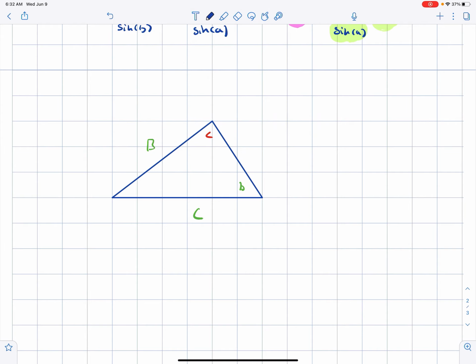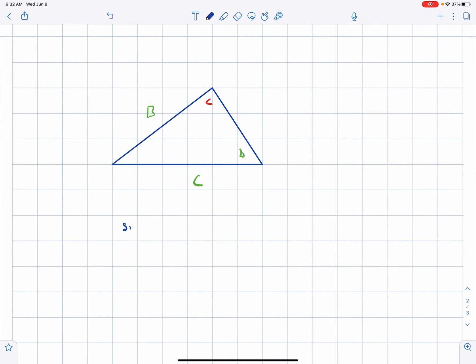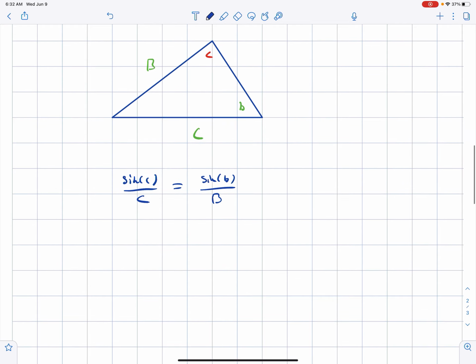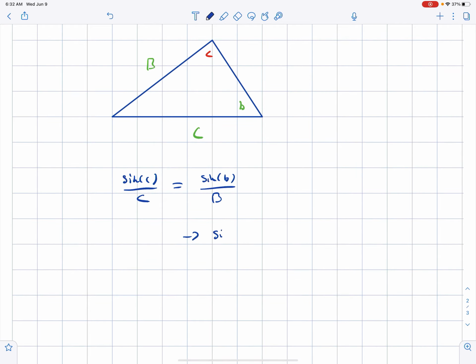Well, if I want to solve for little c, I know that sine of little c divided by big C is equal to sine of little b divided by big B. So I can solve for sine of c. Sine of c is equal to big C over big B times sine of little b.